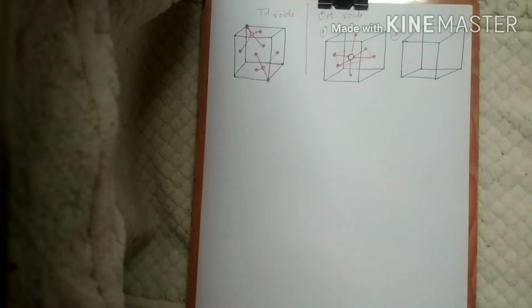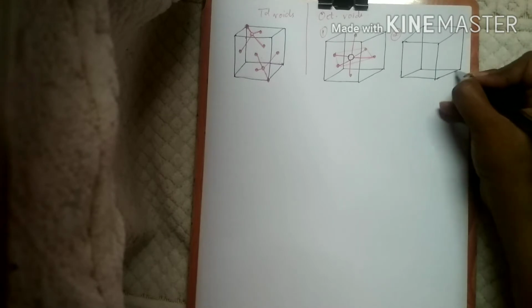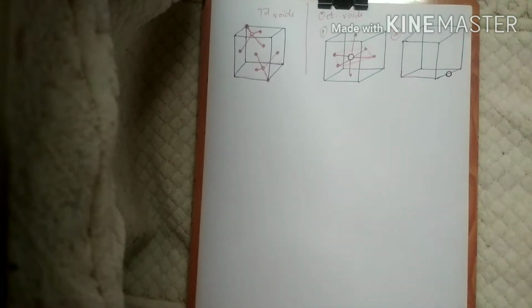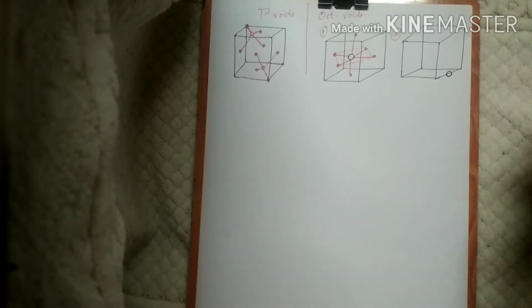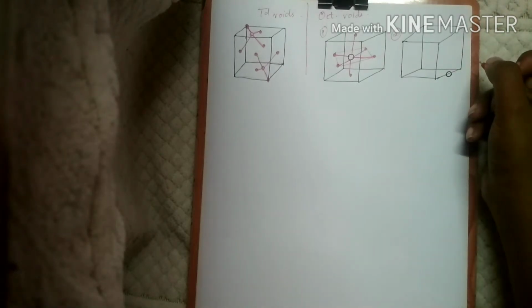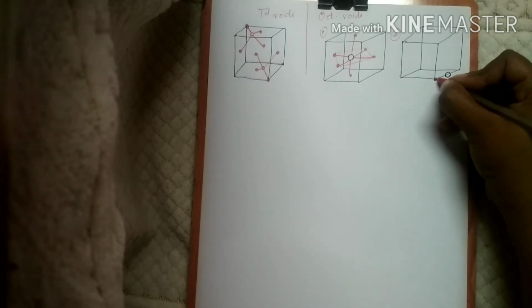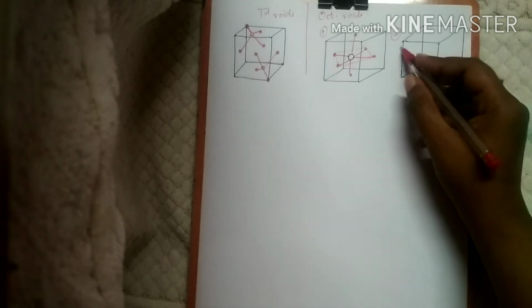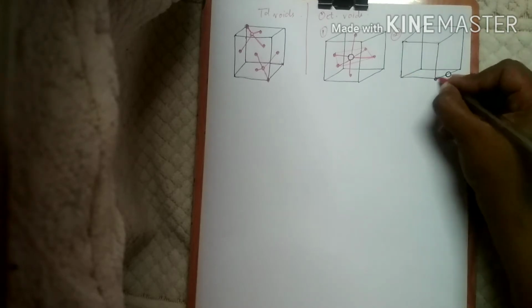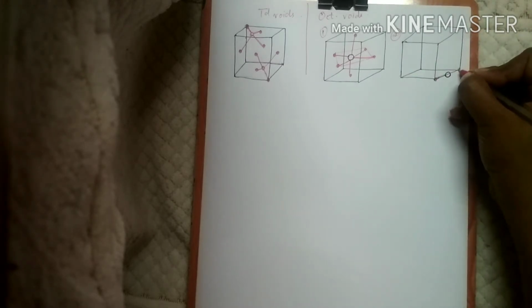So now suppose this is the center of the edge. So here one octahedral void will be present. So which atoms will be responsible? We want to see that. First will be this atom which is present at the bottom and front face. Okay. Second, which is present at the bottom and the back face. 2.